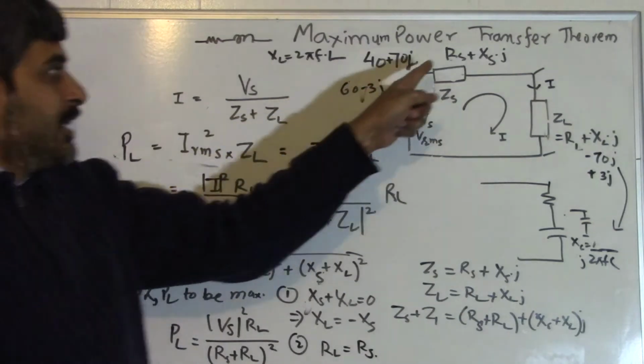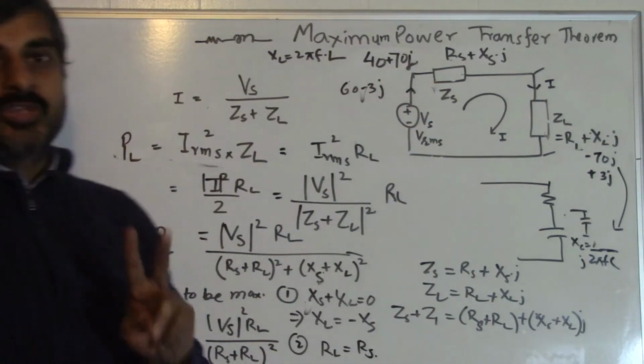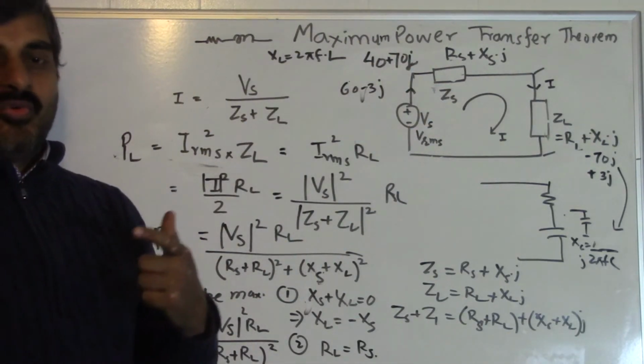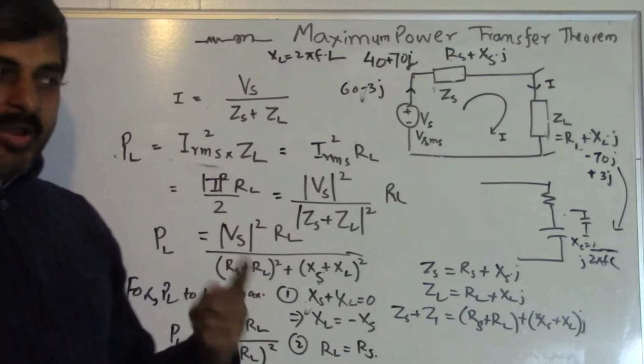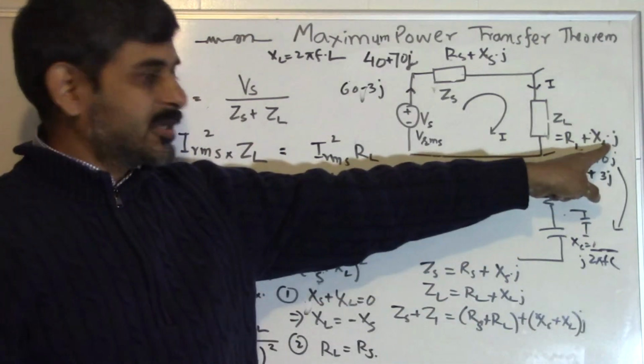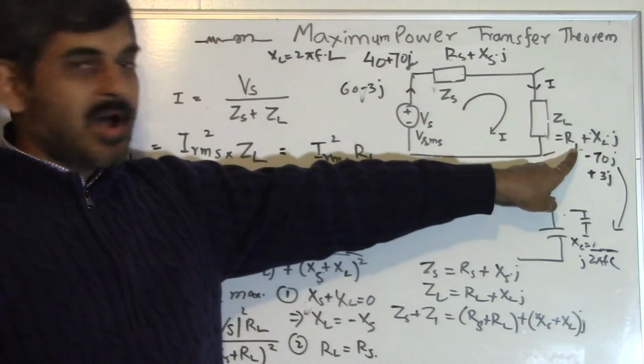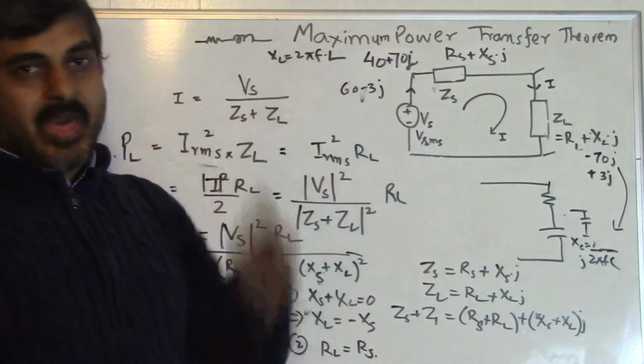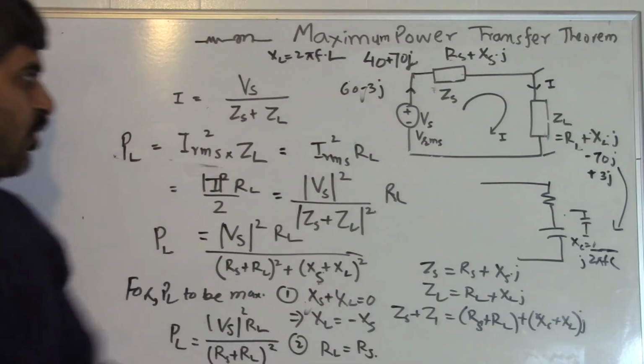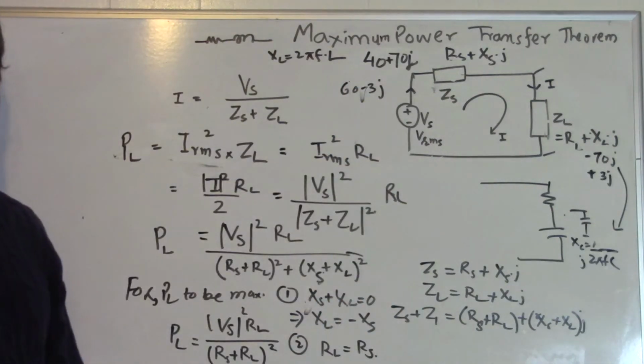So we need to do two things for the load for maximum power delivery. Number one, we need to set its complex conjugate for the reactive term, and then we need RL exactly the same as Rs. So this is the whole maximum power transfer theorem.